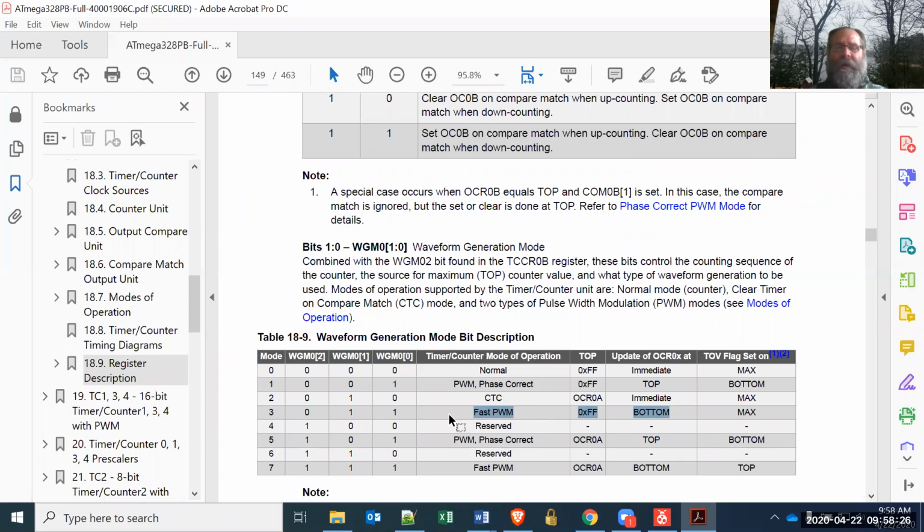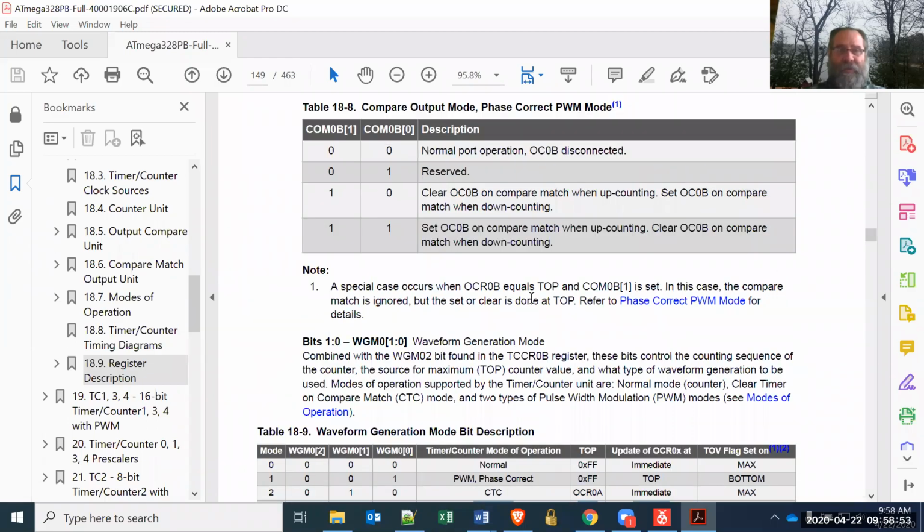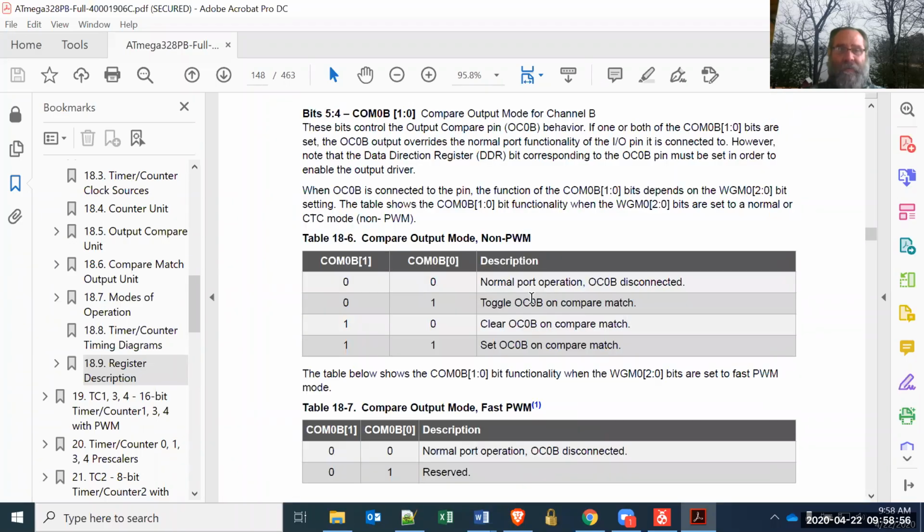The T count register is going to basically count from 0 to 255. It's an 8-bit timer. It's going to count from 0 to 255. At bottom, or 0, the OC0A line is going to be set. Let me just make sure that that's right.